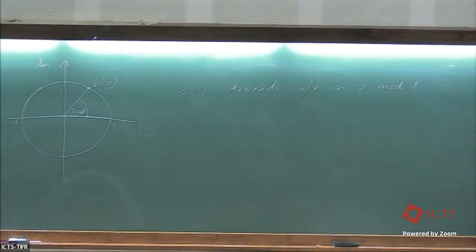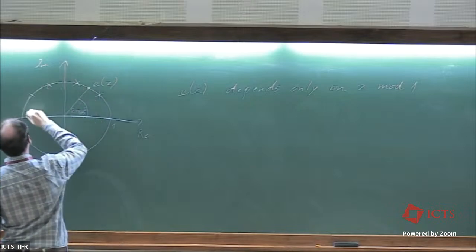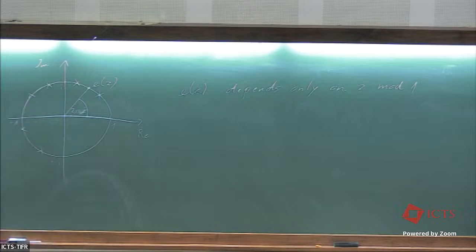So now, what is the task? We want to get non-trivial bounds for these exponential sums. These values, E of F of n, will be somewhere on this unit circle. When we have an equidistribution of these F of n modulo 1, then we can expect a lot of cancellation.